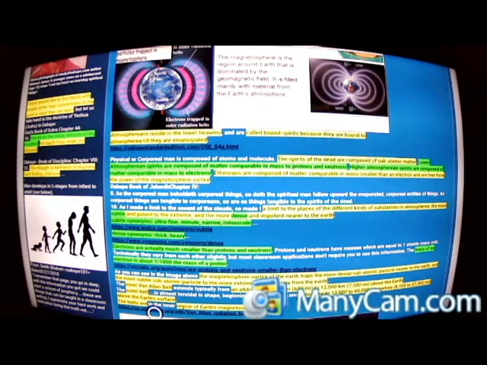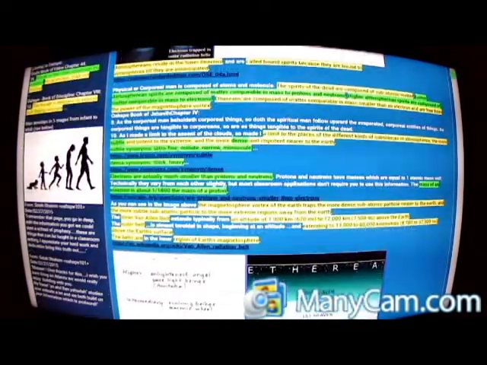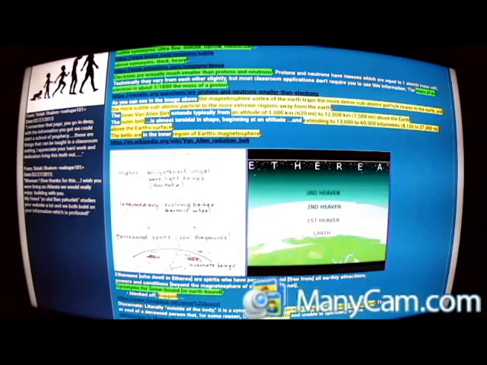They're inside of the Earth's magnetosphere, or the vortex of the Earth. And the link to that I have is wikipedia.org, and that talks about the Van Allen radiation belt, which is inside of the magnetosphere.